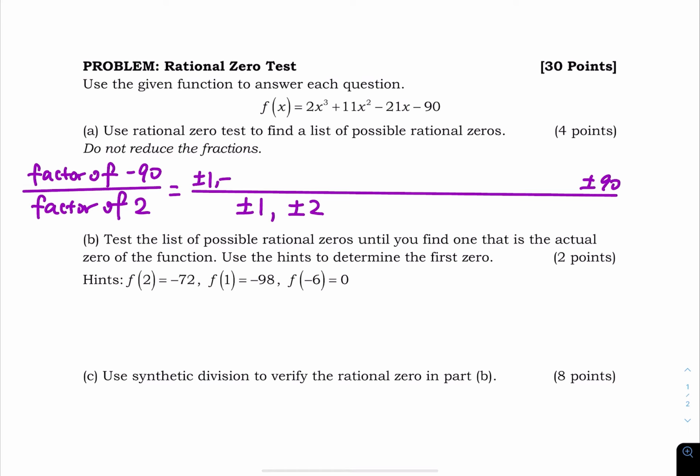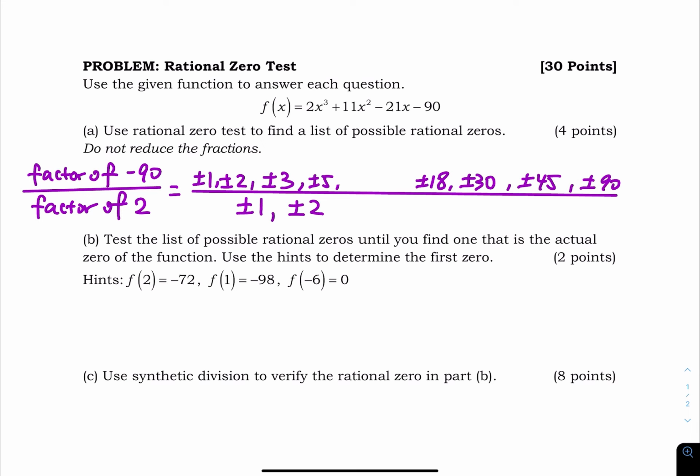90 is an even number, so I can do 2 times 45. And then what else? 90 is divisible by 3, so I can do 3 times 30. What else? How about 4? 4 is not going to work. 5 and 18.